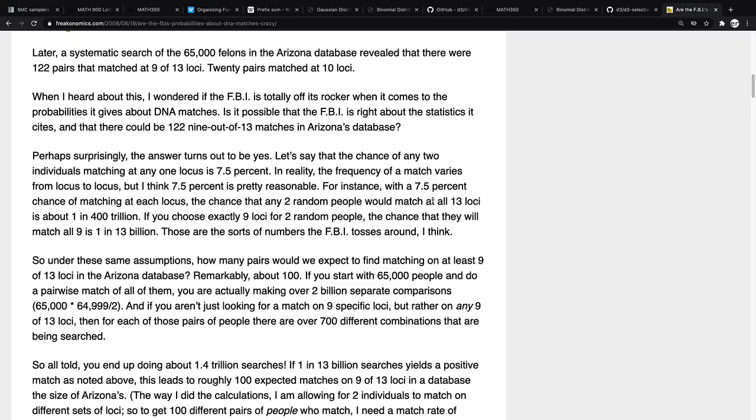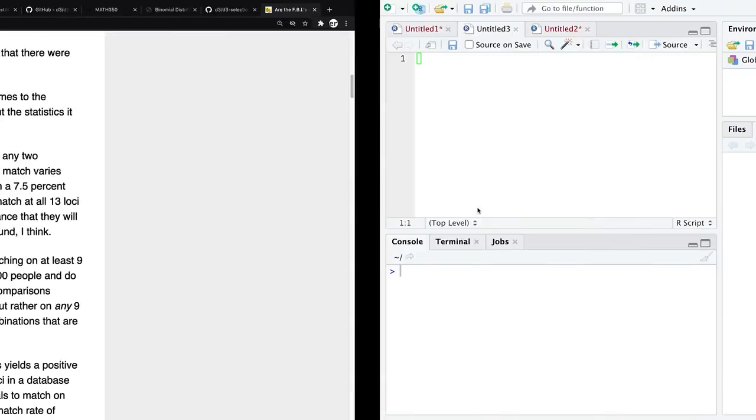The next thing is they calculate the chance that any two random people would match at all 13. We used 5 in our previous example, but they're going to use 13 locations. We can do that calculation using the binomial density function.